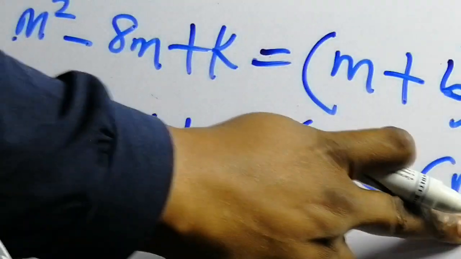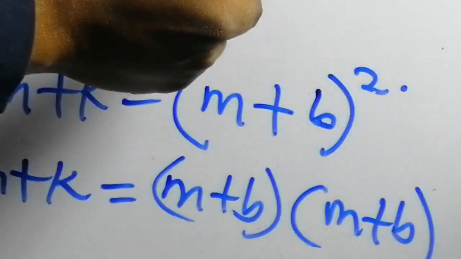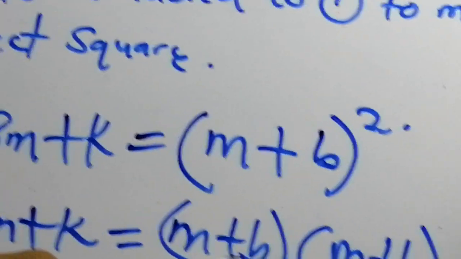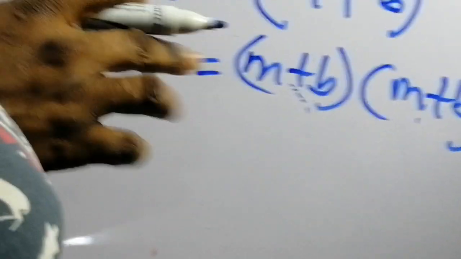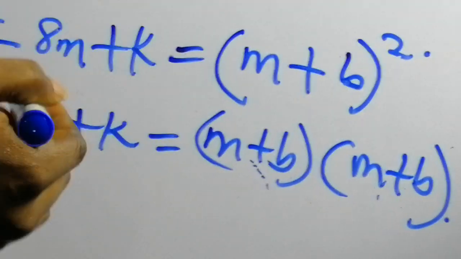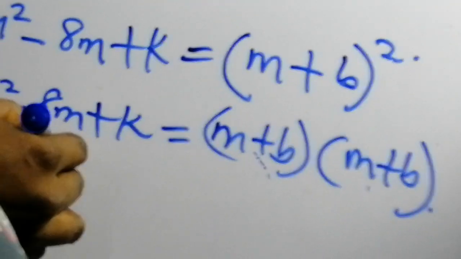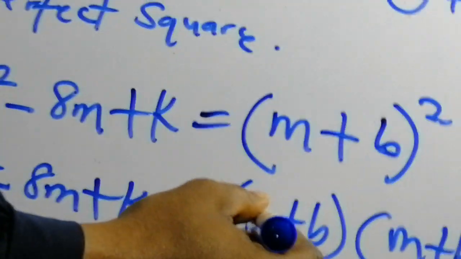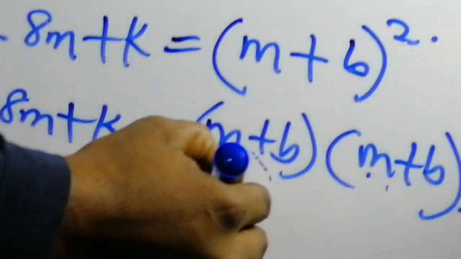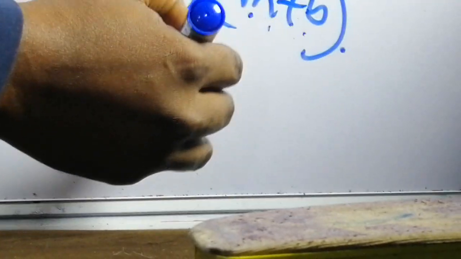I'm writing it 2 times, just like 2 times 2, as mentioned above, 3 times 3. I'm also writing it 2 times because it's power 2 here. Perfect square. Don't forget perfect square. For us to get a perfect square, you must raise it to the power of 2. So it means at the end of the day, I can have m square minus 8m plus k equals m times m, m square, m times b, plus mb.